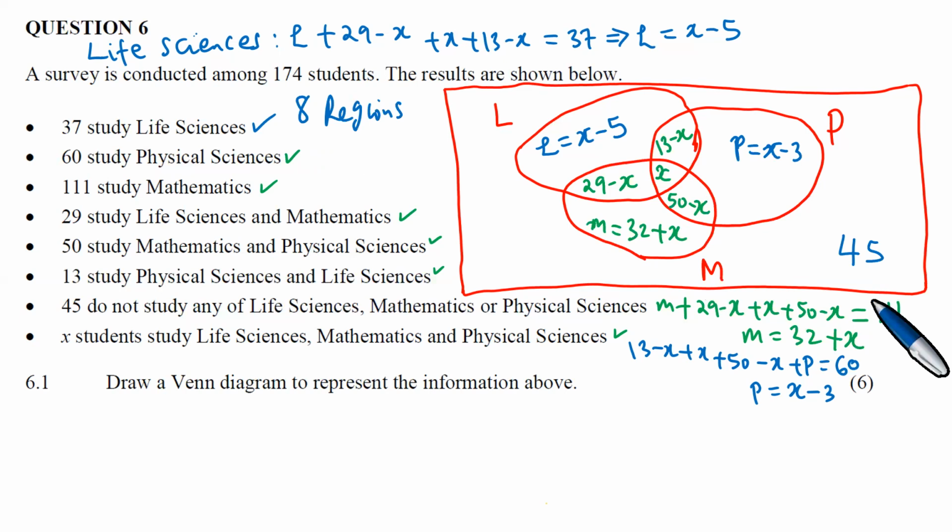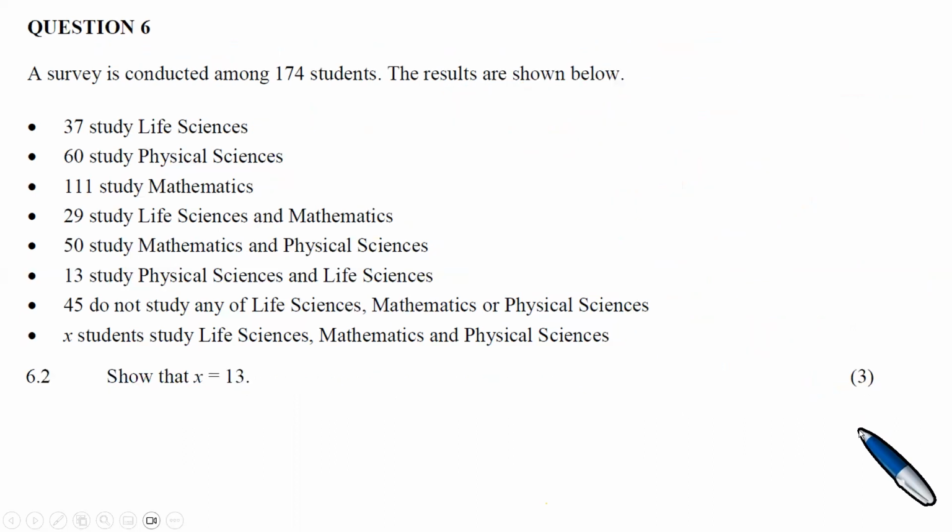Yes, all the regions have been built up. The question was to draw a Venn diagram to represent the information above. We have drawn the Venn diagram and represented the information above, and we get the full marks, 6, there. Okay, next question. So x equals 13.